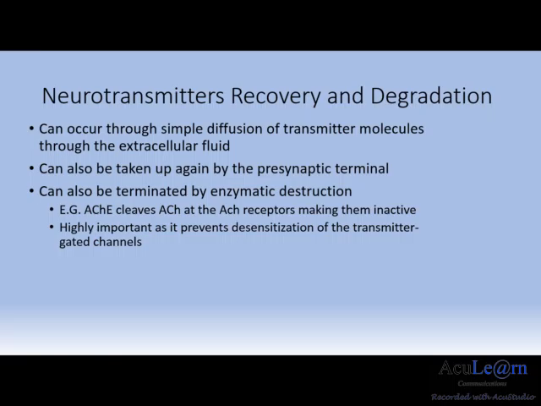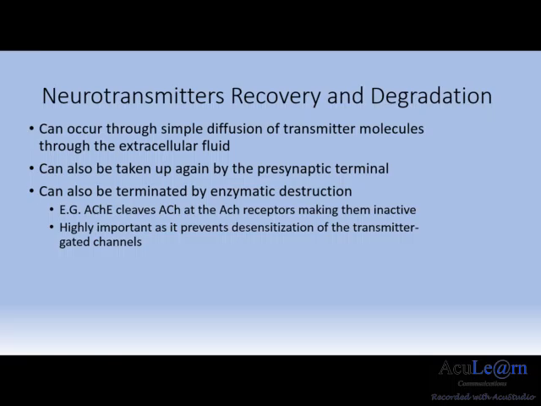Another way this occurs is through the reuptake by the presynaptic terminal through the action of neurotransmitter transporter proteins. Following that, they are either loaded back into the synaptic vesicles or degraded by enzymes, and the waste products are recycled. The third way is through terminating the neurotransmitter action by enzymatic destruction at the synaptic cleft.